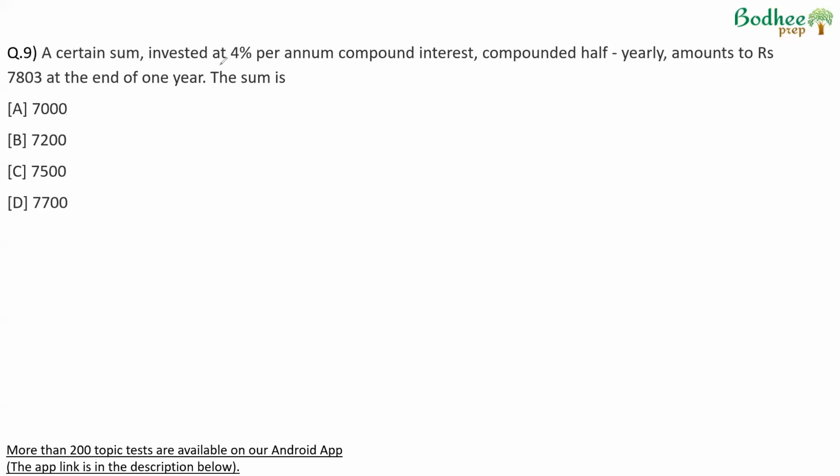A certain sum invested at 4% per annum compound interest, compounded half yearly, amounts to rupees 7803. So principal, 6 months 2%, another 6 months 2%, half of the rate, will amount to 7803.